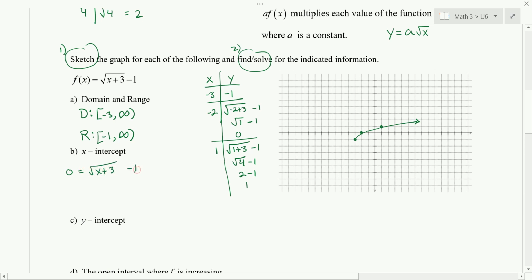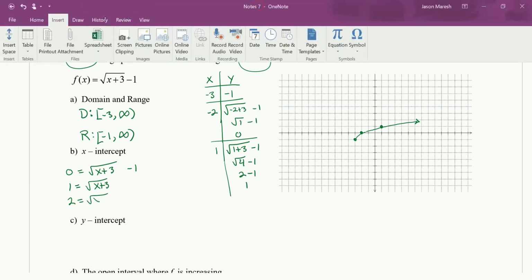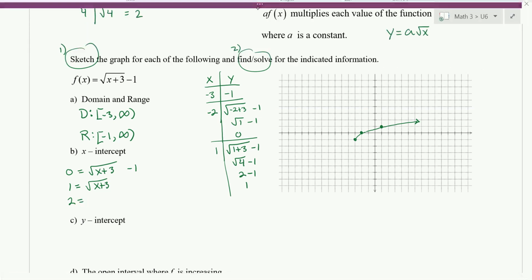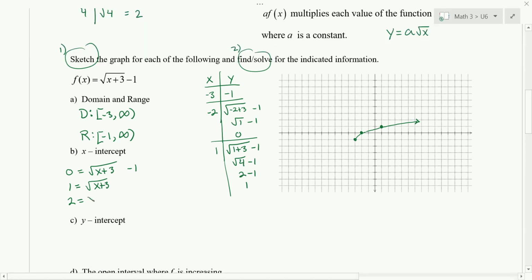and solve for x by adding 1 to both sides, squaring. Oops, when you square, get rid of that square root. And then subtract 3 from both sides.